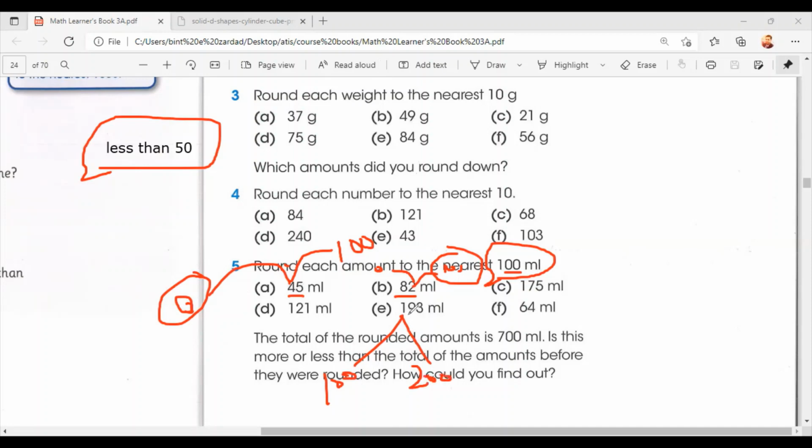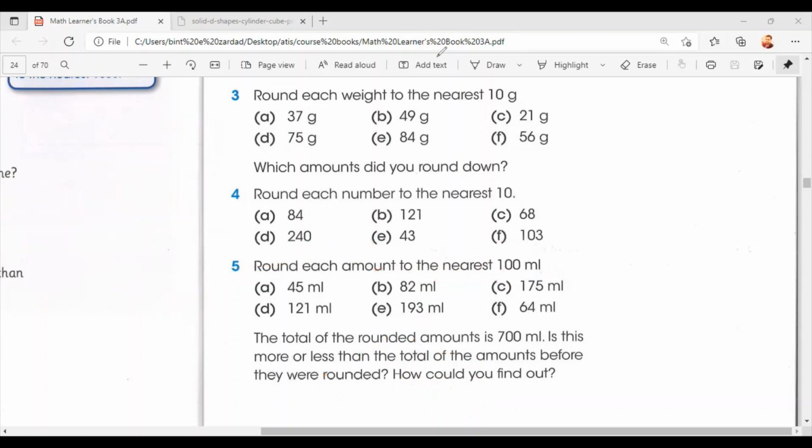For 193, just underline the last two digits and see 93. It's not less than 50, so we choose the big option. If less than 50, we choose the small option. I hope you understand about rounding to the nearest 100 and 1000.